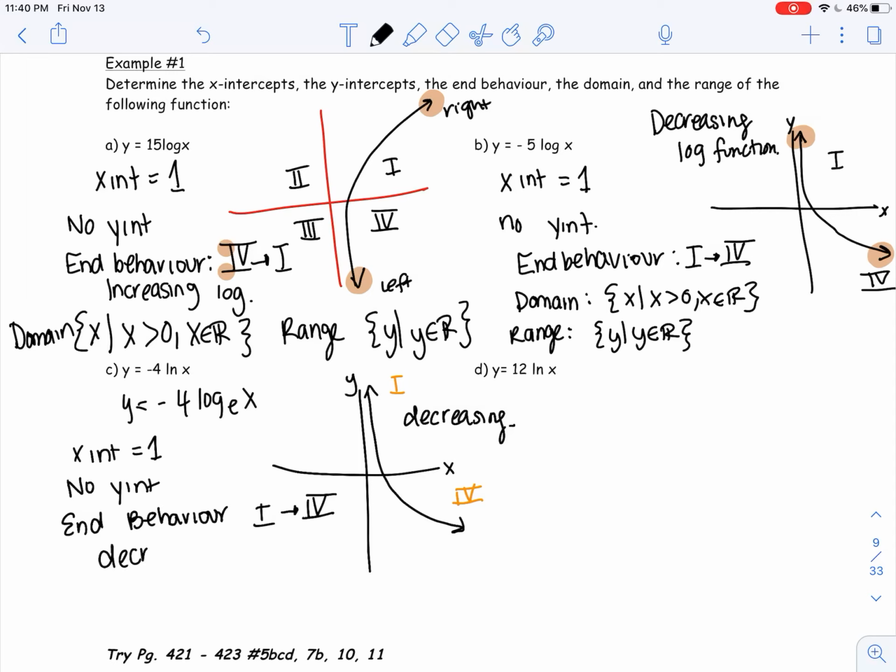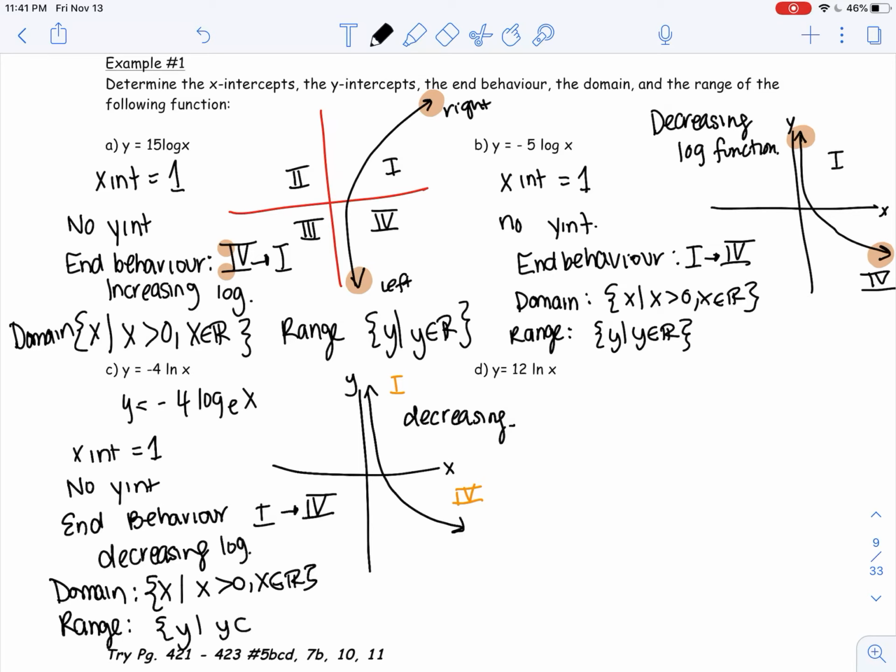So if you ever see that happen, that's a decreasing log. The domain and the range will be the same for all of these 4. You just want to practice and make sure you understand why. x is greater than 0, x is an element of real numbers. And then your range, y is an element of real numbers.